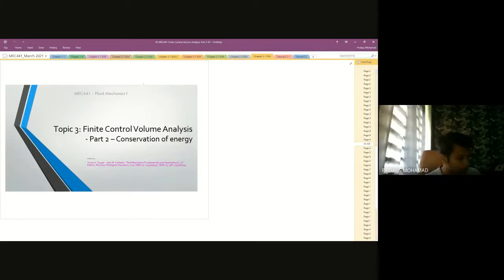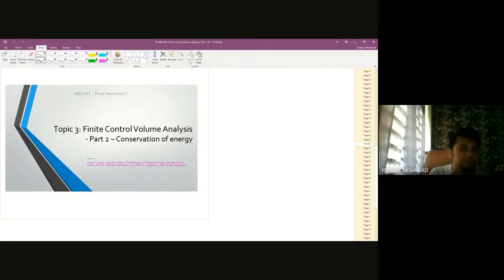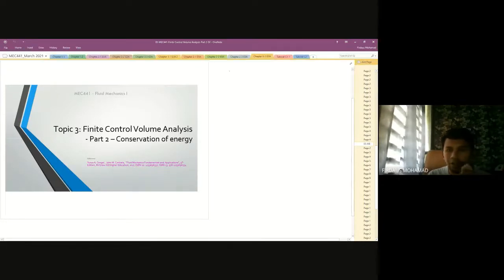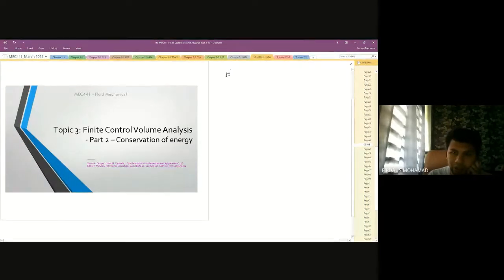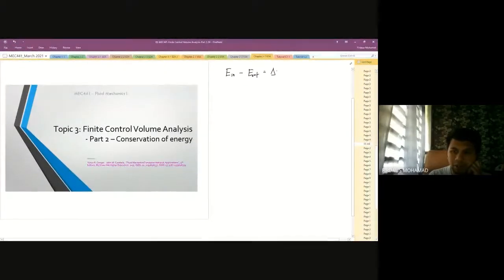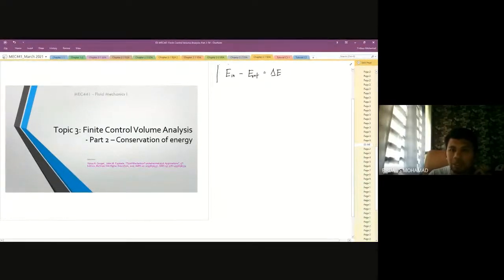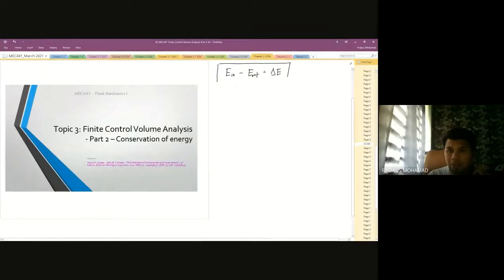Okay, so in conservation of energy, we know that energy in minus energy out is equal to the change of energy. So this is the basic principle for conservation of energy.